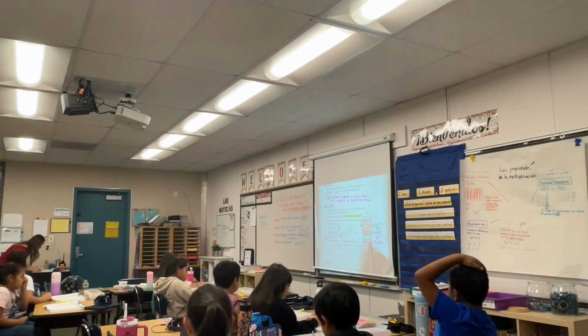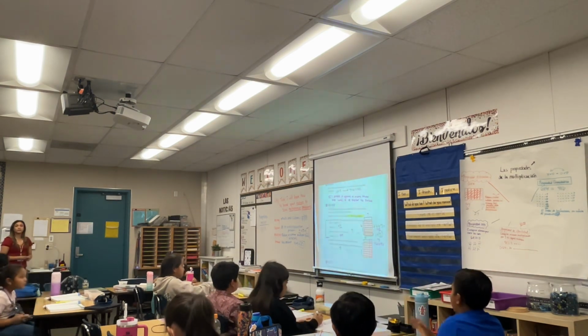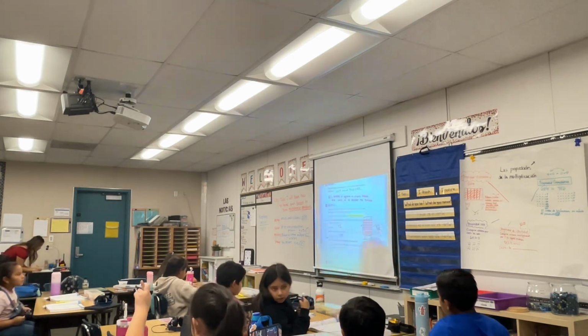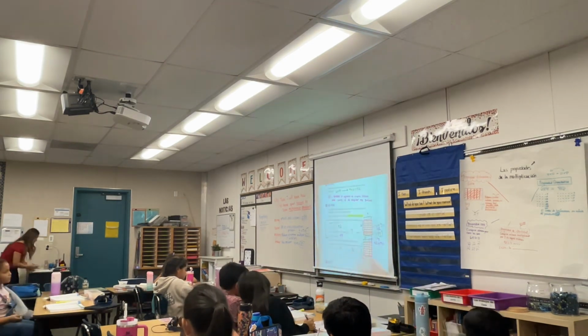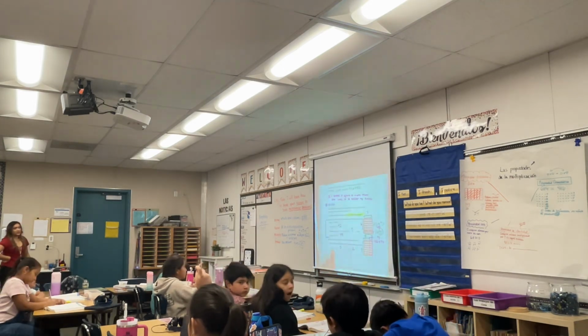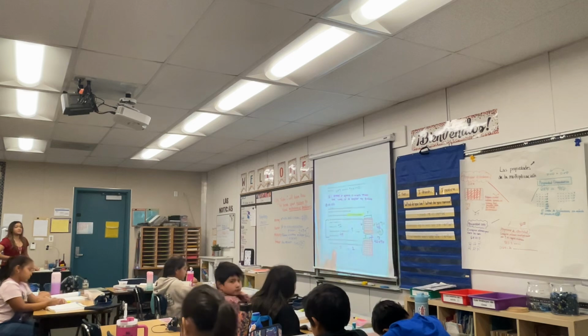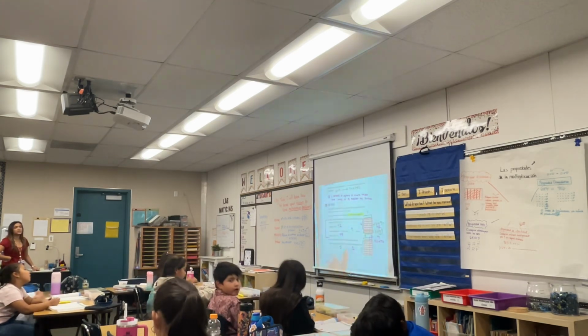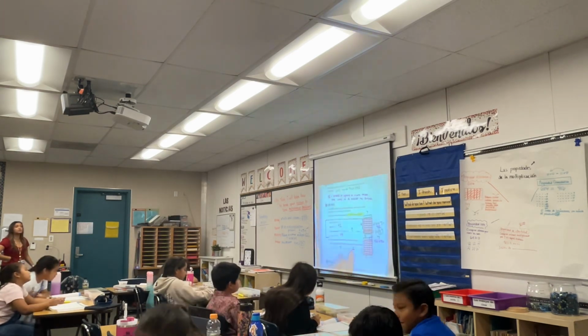How many columns are in this little box? Jimena. There's 2. So we're going to put 2 right there. So 7 times 7 is equal to, or the same as, 7 times 5 plus 7 times 2.